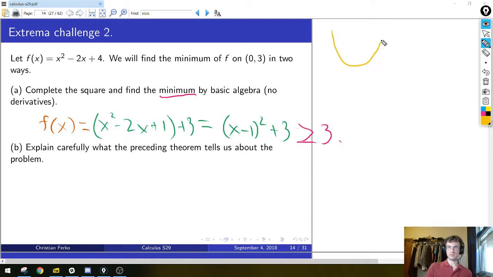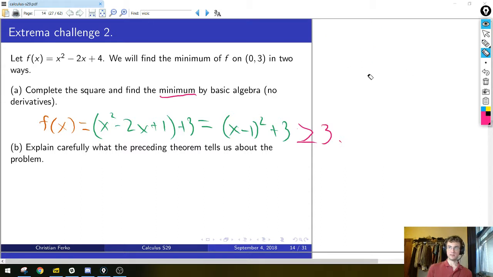This guy's a parabola, so an upward opening parabola is always going to have its minimum at the vertex, right? So it's not the intercept necessarily, but it will be the place. Well, we could have gotten that just by doing the negative b over 2a thing as well. But this is nicer because now we have a proof for it.